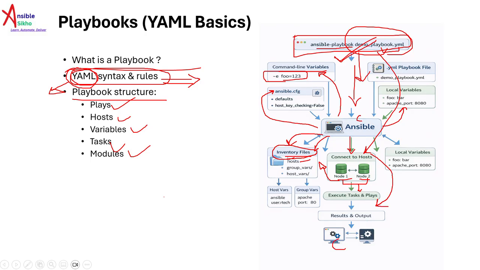Suppose this is the control node and this is your managed node. So your control node executed the command or module or playbook on the managed node, and in return the managed node has provided you all the results as an output. This is how a playbook is going to execute.